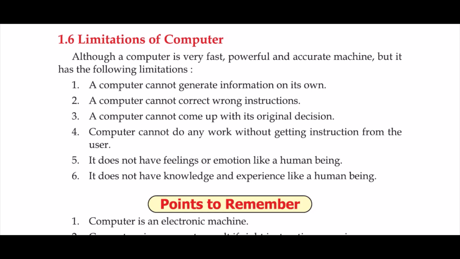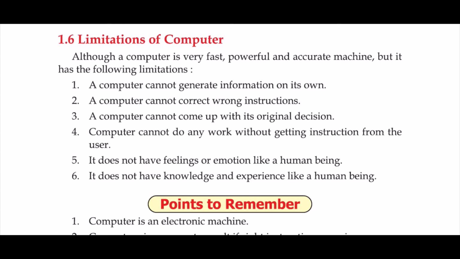So in all the problems and conditions it faces, it cannot have its own idea, no imagination. A computer cannot do any work without getting instructions from a user. It does not have feelings or emotions like human beings. It does not have knowledge and experience like human beings.